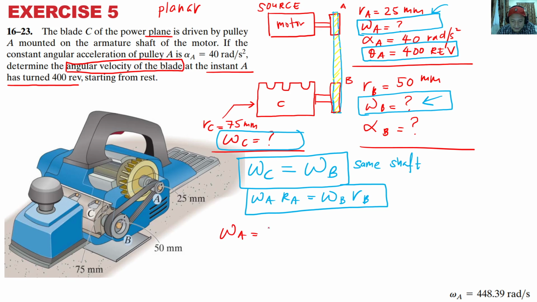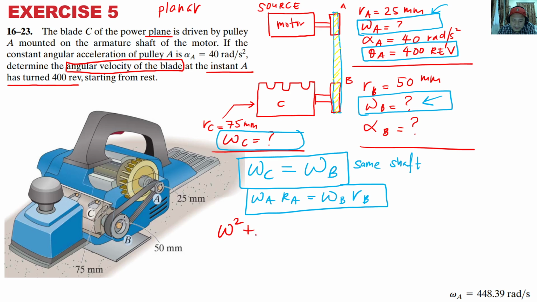Omega A is equal to omega naught plus alpha T. Does it ring a bell? I cannot use this because there is no T. No T, cannot use this. And there is no time. There's no choice, you gotta use this one.